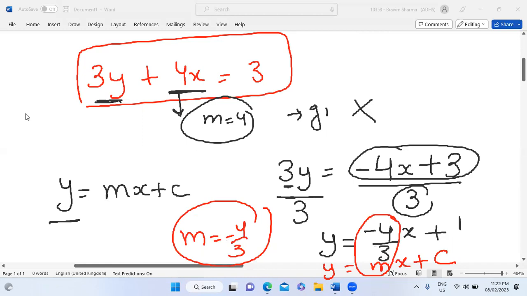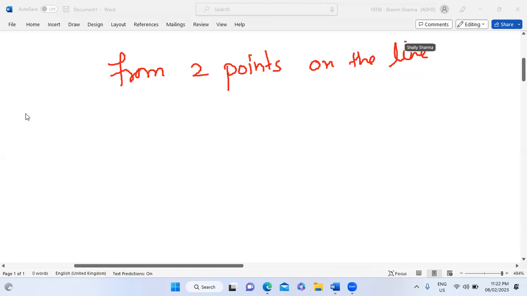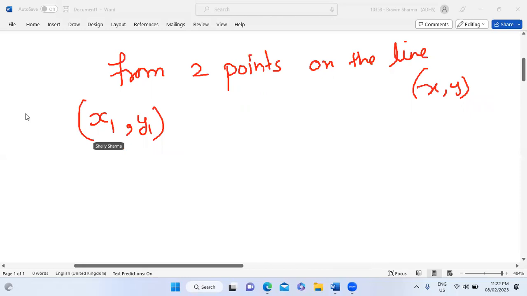Now the last case: how to find the gradient from 2 points on the line. Let's say you are not given the equation of a line, neither is the graph given, but you are just given 2 points on the line. Those points are always given as an xy ordered pair. So let's say the first point is x1, y1, and another point is x2, y2 on the line.